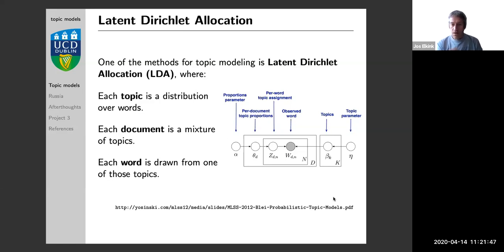The model assumes that every topic is related to some words. If a document is about a certain topic, then particular words will have a high probability of being in the document and other words will have a lower probability. So you can think of a topic as a set of probabilities for each of the terms, how likely that term is to appear in a document if it is on that topic.